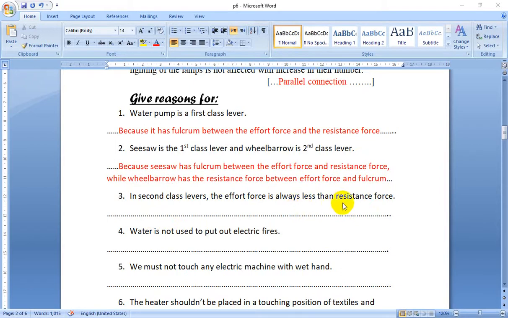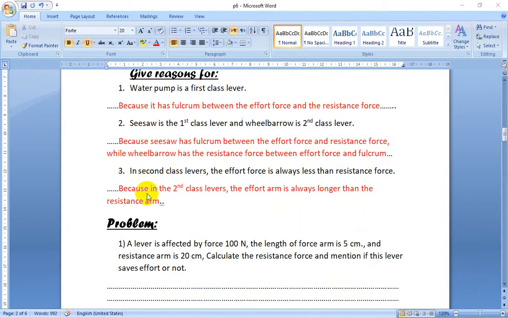So that means resistance arm is shorter than the effort arm, or the effort arm is longer than the resistance arm. So in the second class levers the effort arm is always longer than the resistance arm.